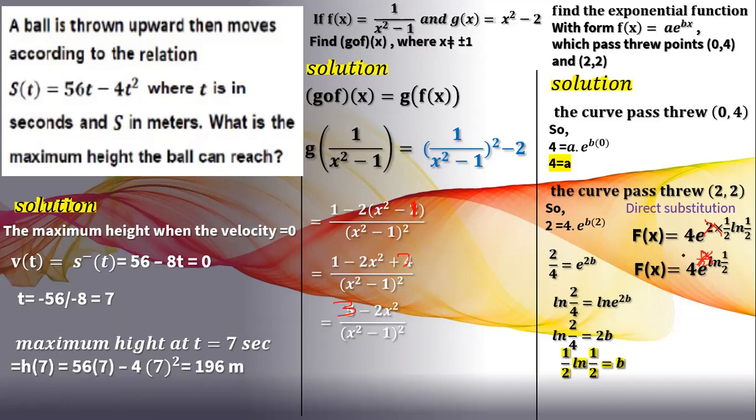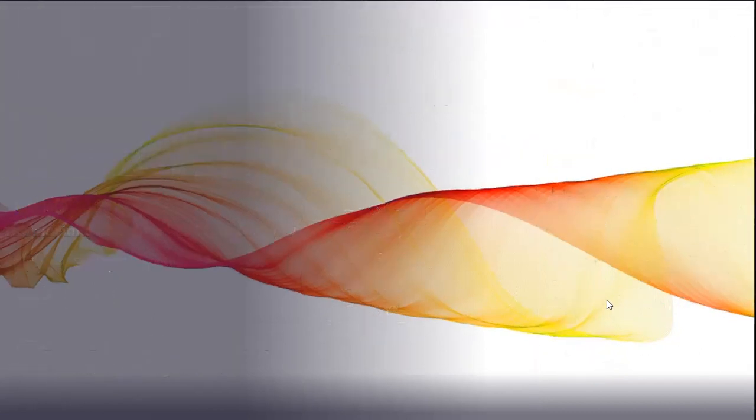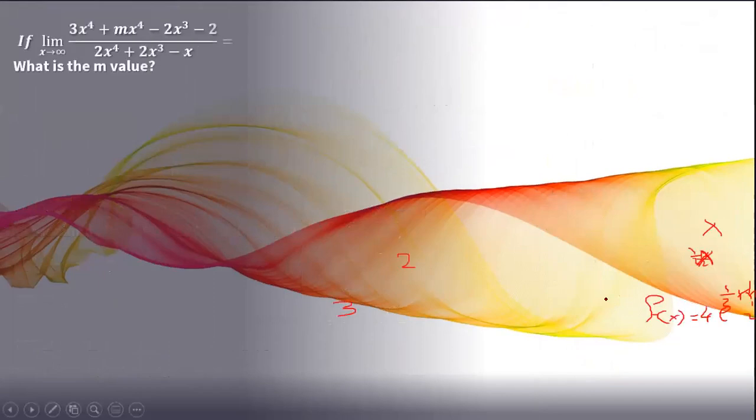So f of x equals 4e power (half ln half) x.